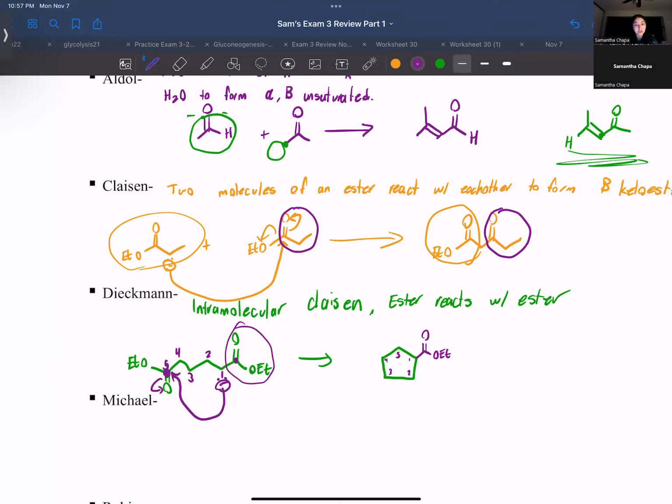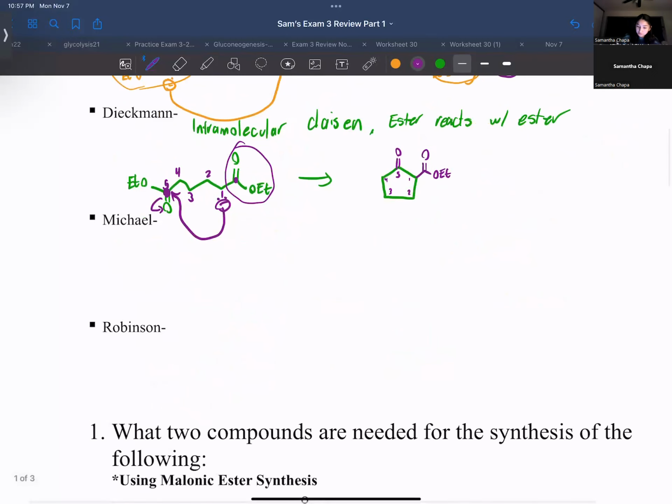So we have a good leaving group on there. It's right, this right here. So we're gonna try to make that leave. So we're gonna reform the carbonyl and kick it off. So at that point, we're only gonna have a keto group. So then all I'm gonna do for my number 5 is add a carbonyl. That's all I'm gonna do, because I already kicked off the good leaving group. Okay. Yeah, that's the Dieckmann.